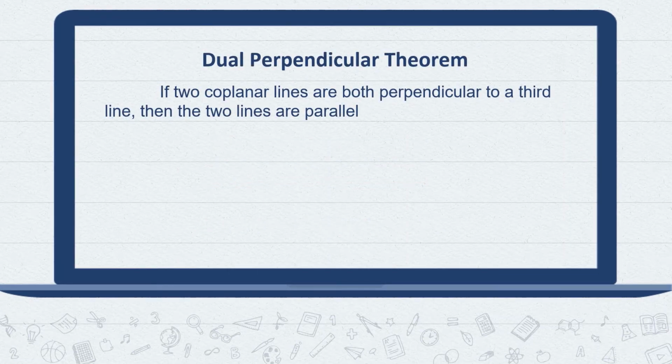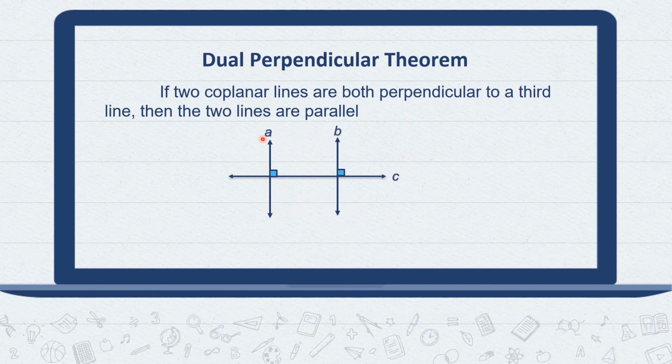We also have the dual perpendicular theorem. It states that if two coplanar lines are both perpendicular to a third line, then the two lines are parallel. So let's consider the given figure. We have here coplanar lines which are both perpendicular to the third line.